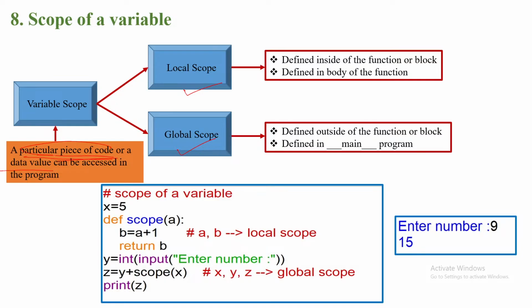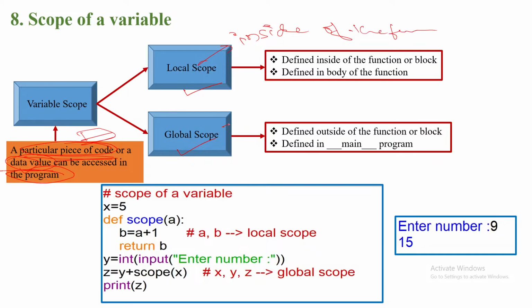Sometimes we store, just like in functions, function calls, or in one particular value we can store it, and it can be accessed in the program. So what is a variable? It is a particular piece of code, otherwise a data value. Local scope means we define it inside of the function. Remember that: inside of the function.